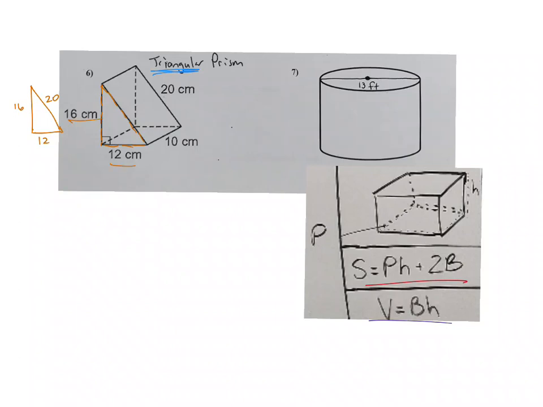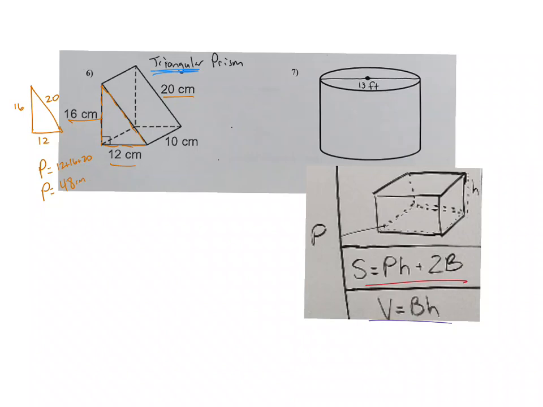So the perimeter of my base, or of my triangle, is going to be 12 plus 16 plus 20. 12 and 16 is 28, plus 20 is 48 centimeters.